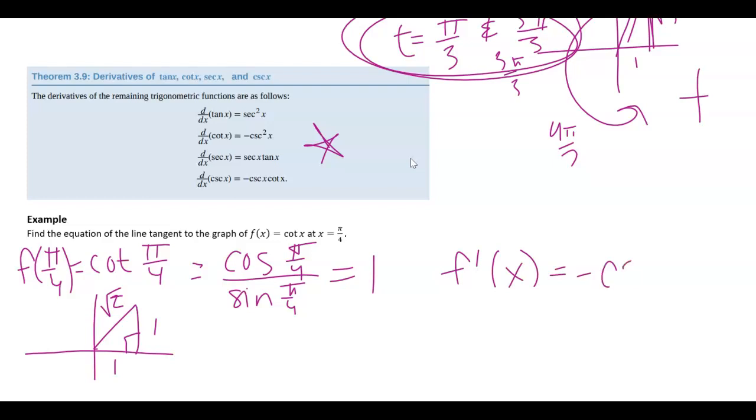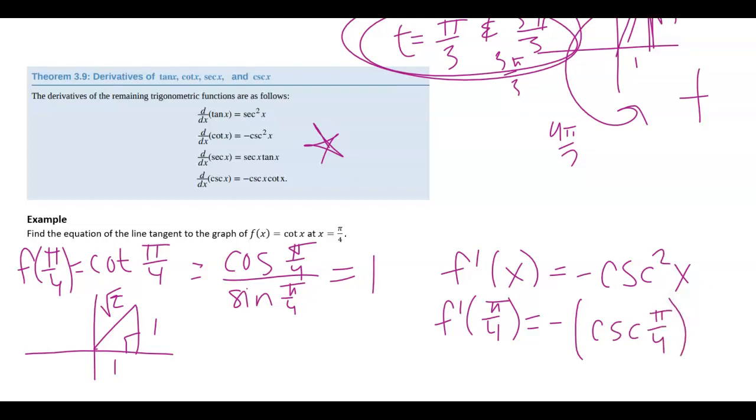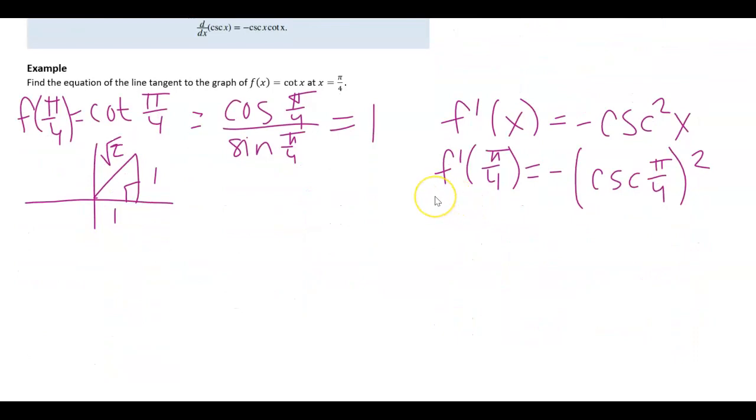Looks like it's negative cosecant squared x, and I need to figure out what is f prime of pi over 4. So negative, I'm going to write it like this, cosecant of pi over 4 squared. All right, well, cosecant of pi over 4 is 1 over sine of pi over 4.